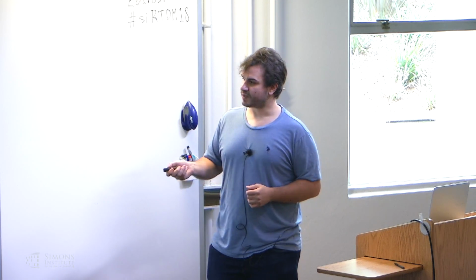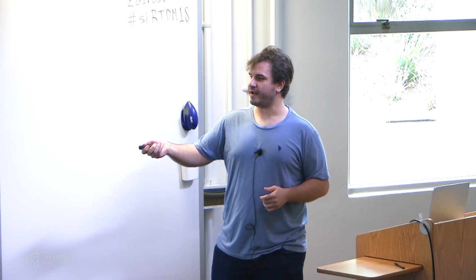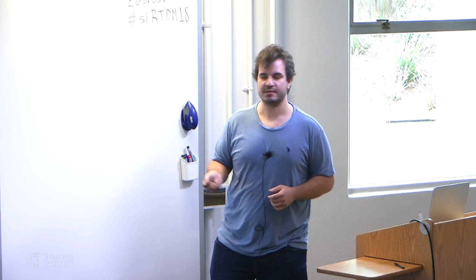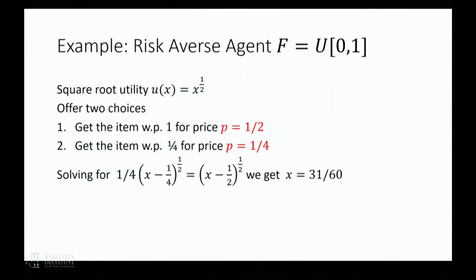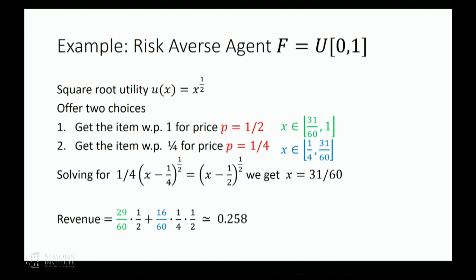So let's calculate that. We'll just find the sweet spot where that happens. Well, that happens to be 31 over 60. That's very close to a half. So all of the agents between 31/60 and 1 are going to pick that choice. Between a quarter and 31/60 are going to pick that option, and then the rest are going to pick nothing. So how much is the revenue out of this? Well, we'll get slightly over a quarter.